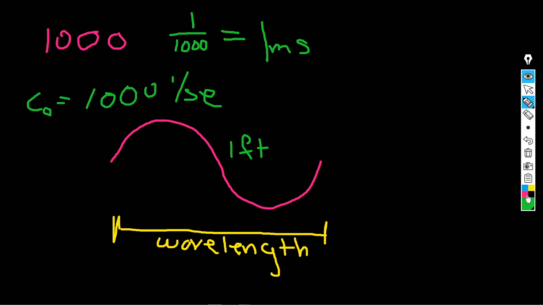So if we jump up to a 10 kilohertz signal, or 10,000 hertz, or 10,000 cycles per second, then if we calculate out the time of one cycle, which is 1 over that, it would be 0.1 millisecond, which when we multiply by 1,000 becomes 0.1 feet, or a little bit more than 1 inch.